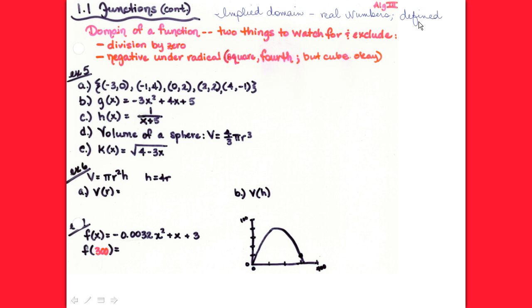So our domain is going to be all real numbers unless we run into two problems. If our function has to have real numbers, what's not real? Imaginary, yes.